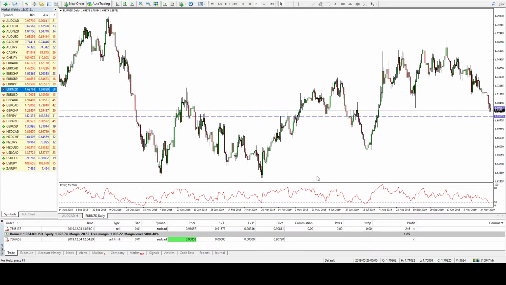Euro New Zealand, not bad. Possibility a buy around the 169. We'll see.